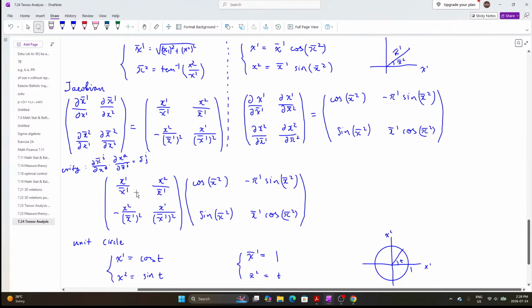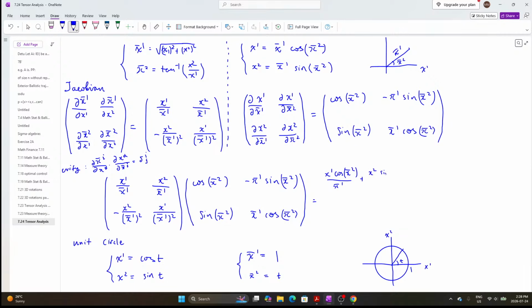Okay, let's see what we have here. Here you got x1, the first element, well, that's x1 cosine of x bar 2 over x bar 1 plus x2 sine of... hold on a second, that makes sense here.